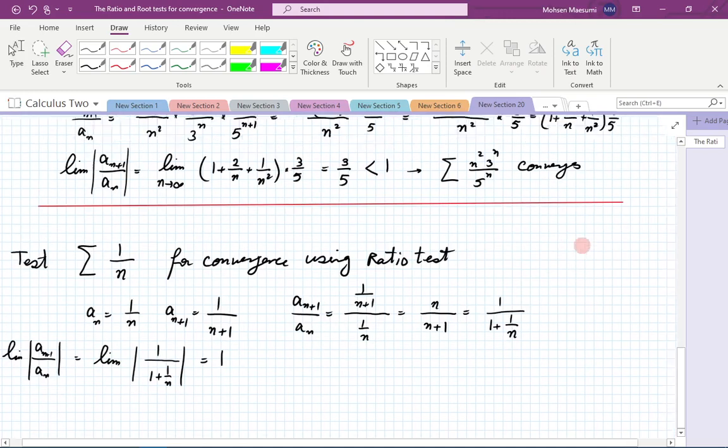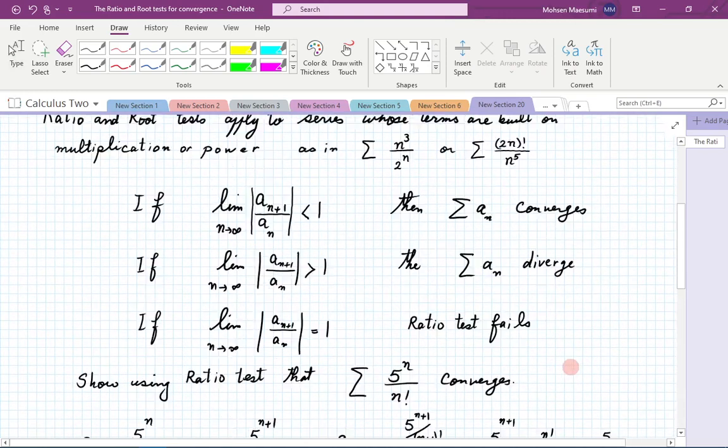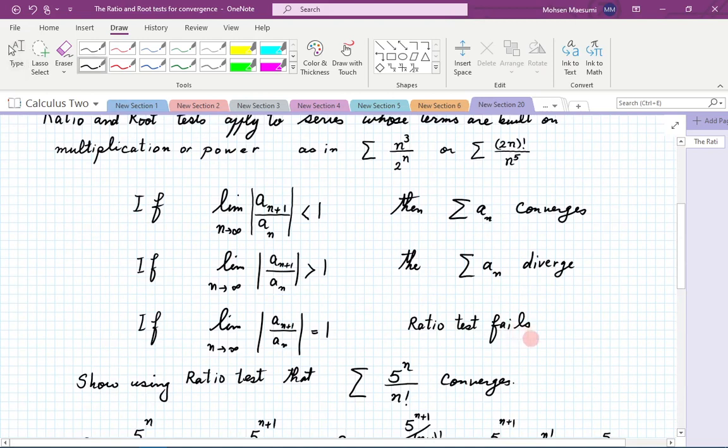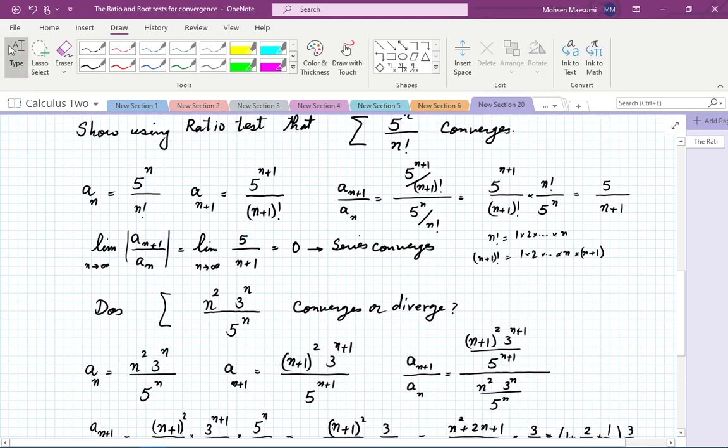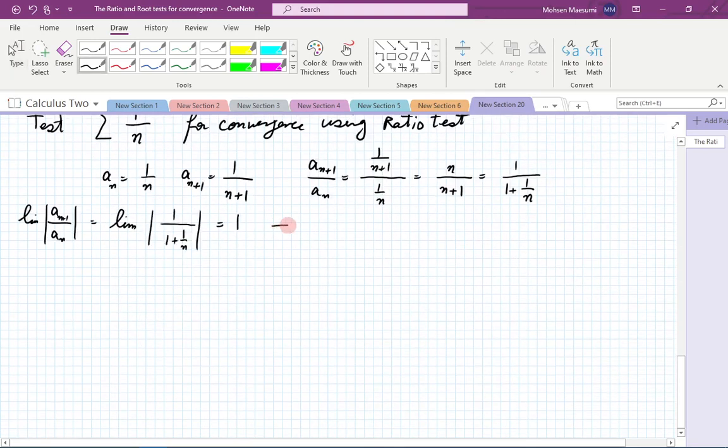And we said when the ratio becomes 1, the test fails. Fails means we cannot decide which it is. This test doesn't tell us, so the conclusion is just that the test fails. We don't have anything to say about the original series.